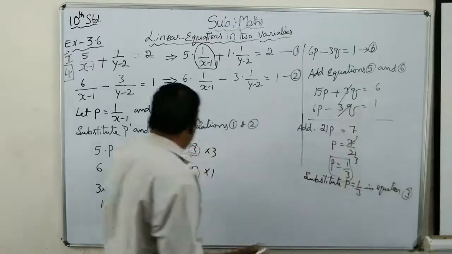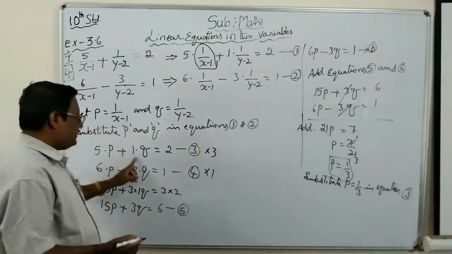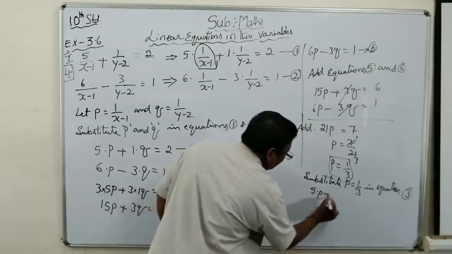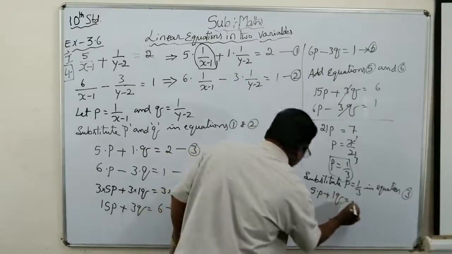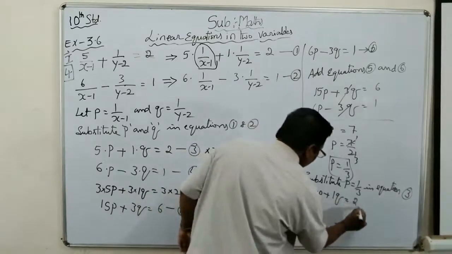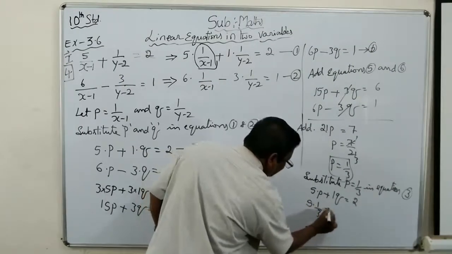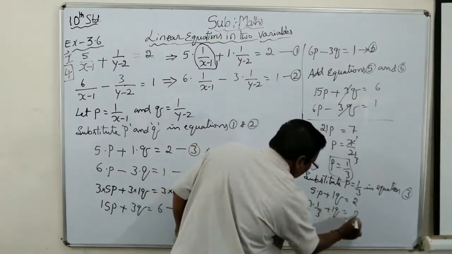What is the third equation? You see here, this is 5p plus 1q is equal to 2. 5p means 5 into 1 by 3 plus 1q is equal to 2.